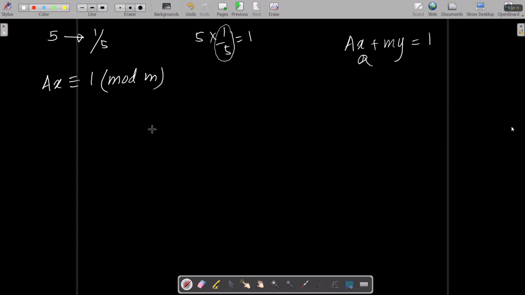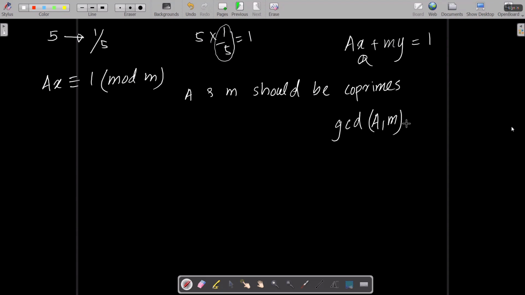And when talking about modular multiplicative inverses, we need to know that A and M should be co-primes. What are co-primes? Co-primes are nothing but the GCD of A and M should be 1. So this means A and M are co-primes. It means A and M do not have common factors, right?